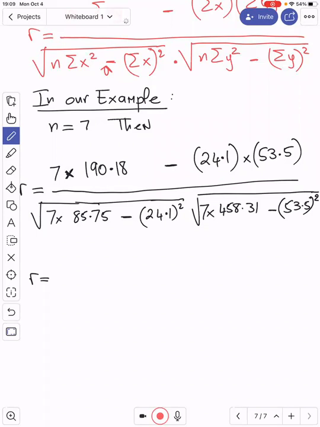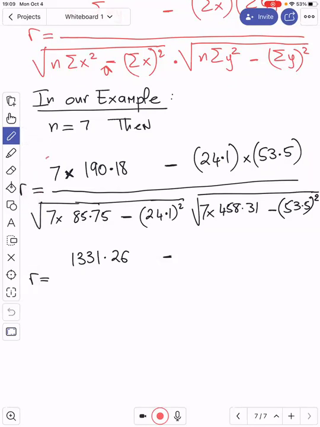That will be equal to, I think, 1331.26, right? Minus, and then you do the 24, this thing right here.